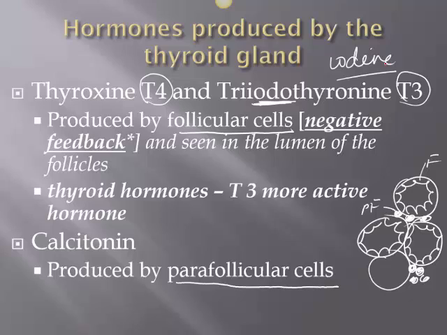When we use the word thyroid hormones, we are typically talking about thyroxine and T3. We do not talk about calcitonin. Okay? So when we use the word thyroid hormones, we are actually talking only about these. So when we want to say calcitonin, we will use the word separately, calcitonin.